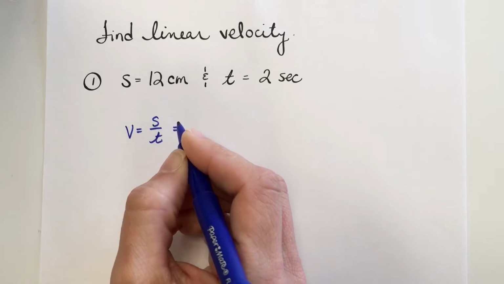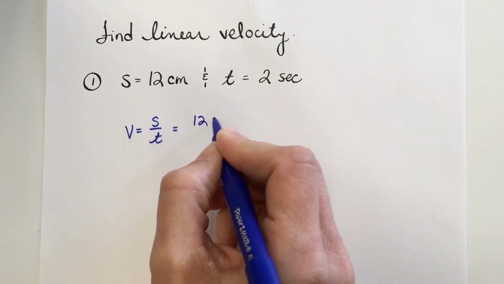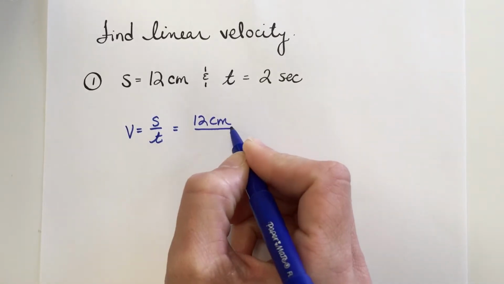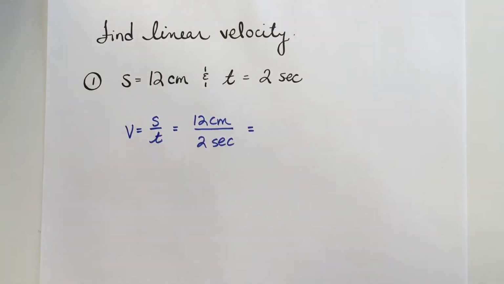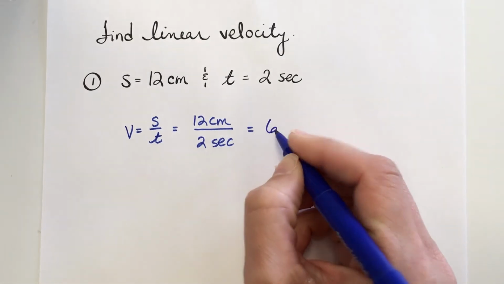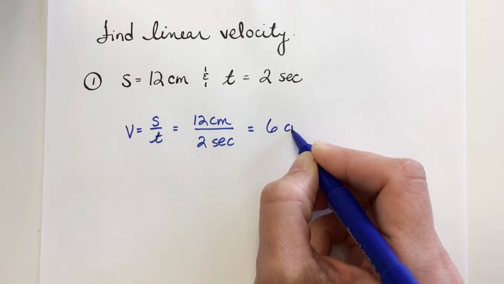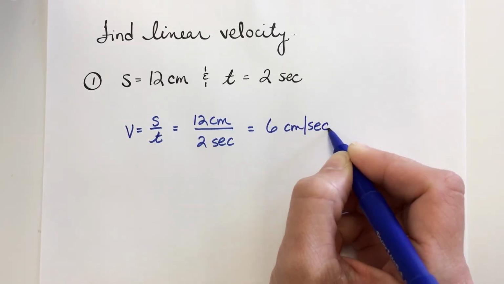We know that s is 12 centimeters, and we know that t is 2 seconds. The 12 divided by the 2 gives you 6, so you end up with 6 centimeters per second.